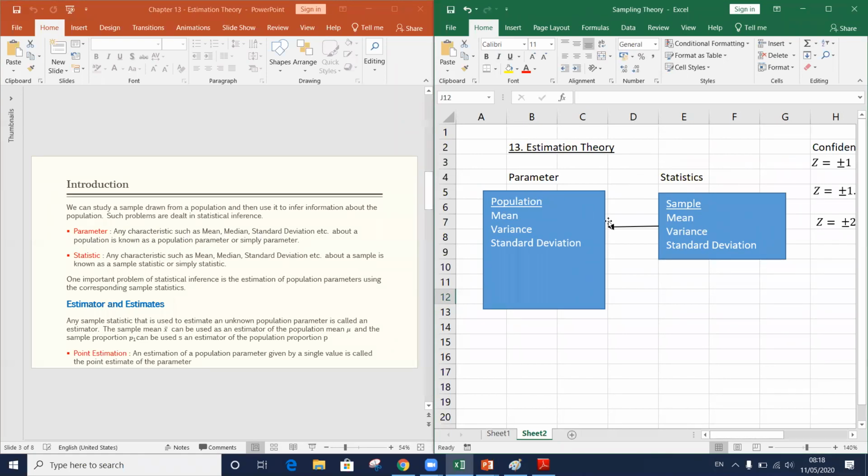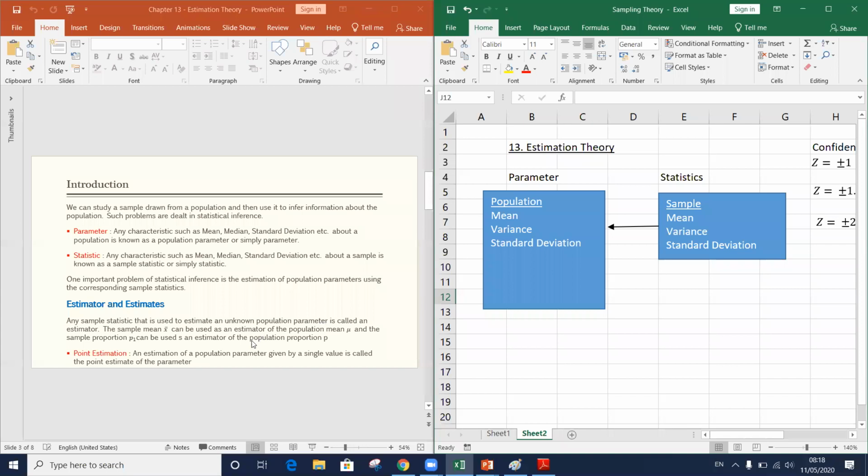Statistics are those characteristics of the sample. So here we do an estimation about the population based on the sample.